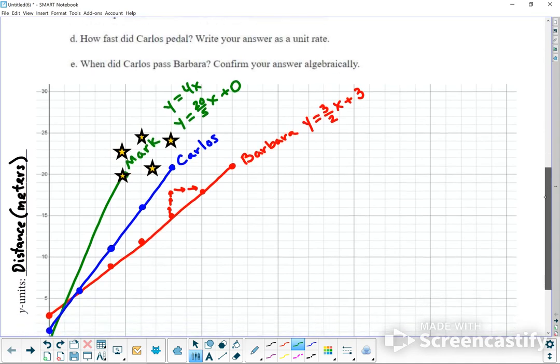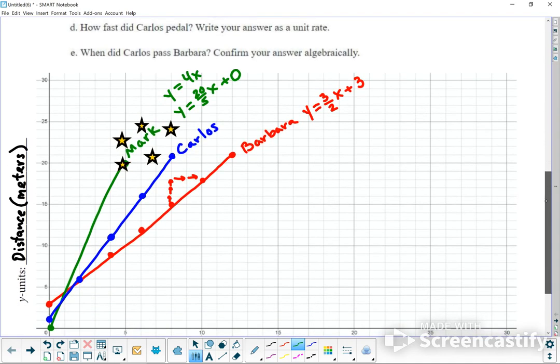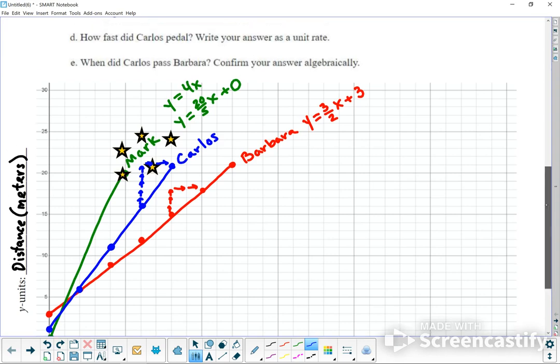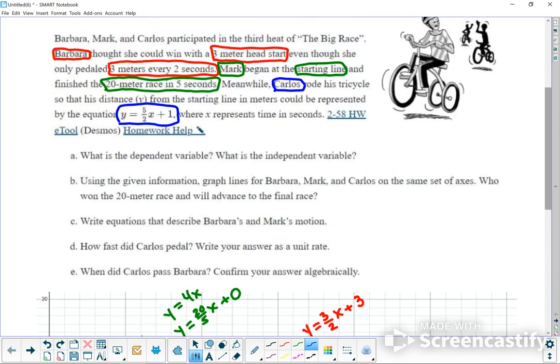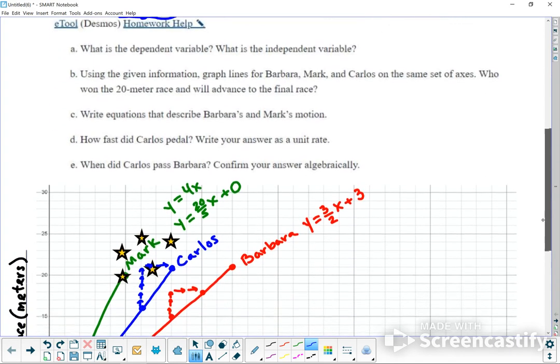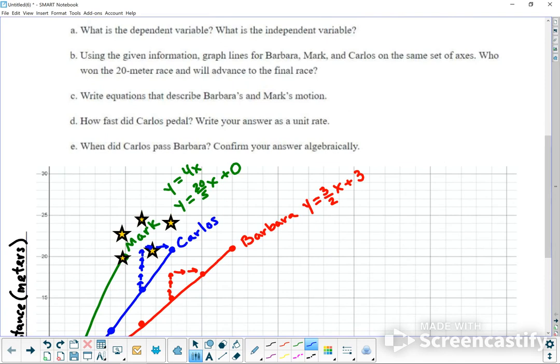Okay, that's C. How fast did Carlos pedal? And so Carlos, he pedaled, and the speed is the slope. So 1, 2, 3, 4, 5 for every 1, 2. Right? And actually, it says it in his equation. Right? Carlos is 5 over 2. His speed. How fast did he pedal? Right?